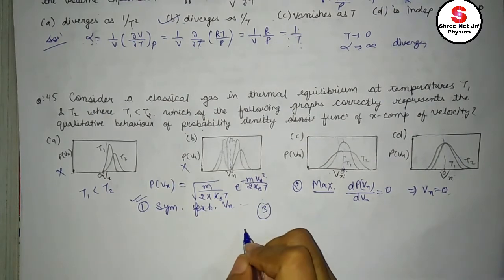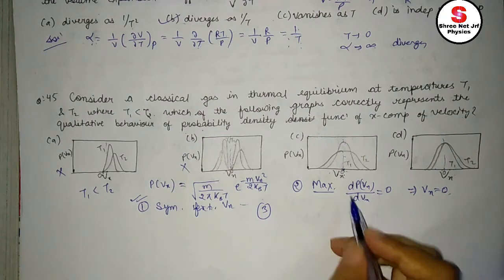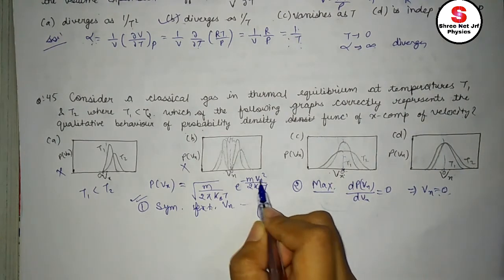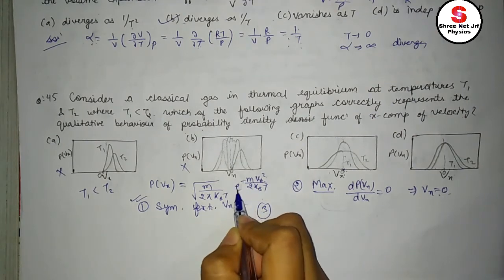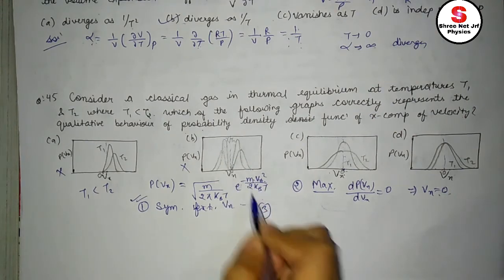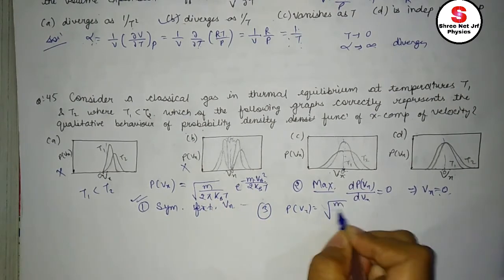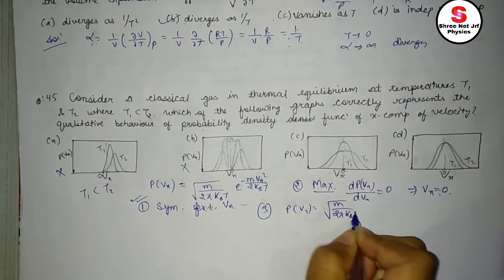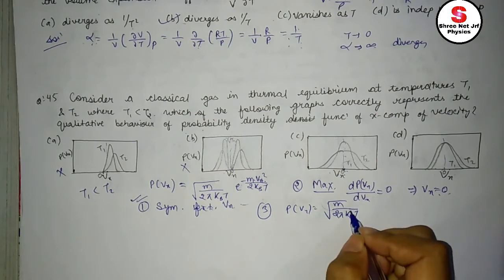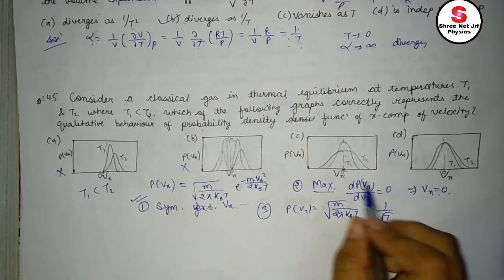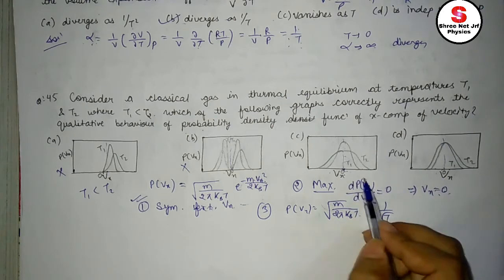See the third possibility. For the condition of maxima, we got Vx equals 0. If I substitute Vx equals 0 here, then e to the power 0 becomes 1. That means P(Vx) will be the square root of m divided by 2 pi kB T. That means it depends on T inversely, proportional to 1 by root T. So which one of these follows this condition?